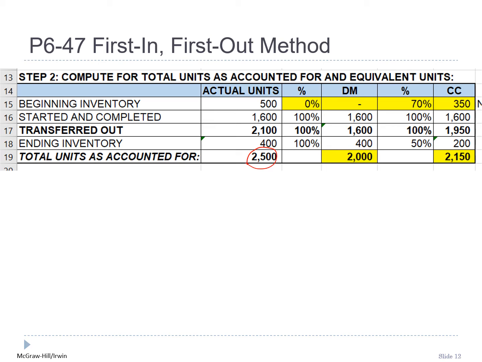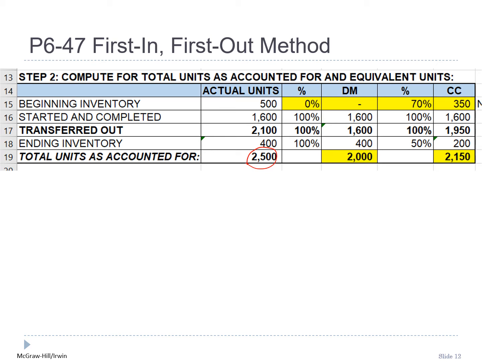Now, when it comes to the beginning inventory, we look at its percentage of completion. According to the problem, for direct materials in the first department, materials are added at the start. The beginning inventory was already started in production, so you started converting the beginning inventory last month. Last month it was your ending inventory. You did not finish it, so you did not transfer it to Department B. So this month, it is your beginning inventory.